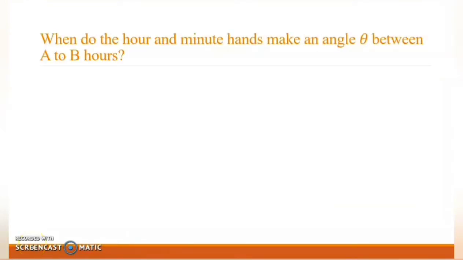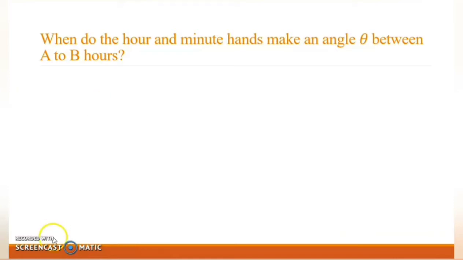Let us look at a different type of problem. Now suppose I want to find what is the time when the hour and minute hands make an angle theta between A to B hours. For example, suppose I want to find when the hour and the minute hands make an angle 90 degrees in the clock.